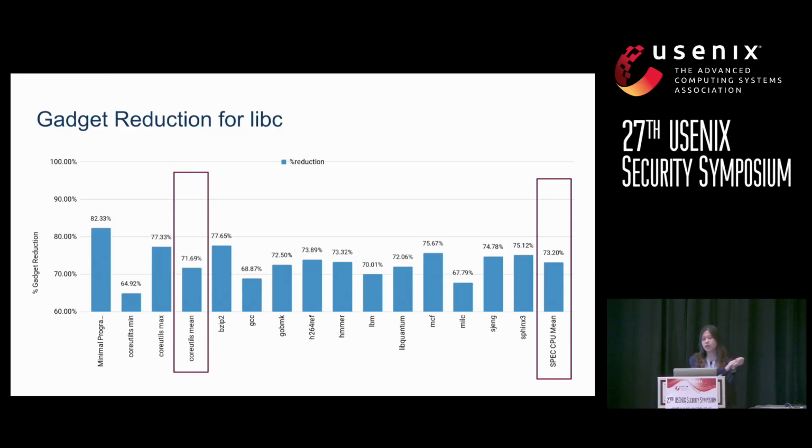For example, if we apply piecewise to Libc for a variety of programs, we observe that after debloating the binaries, we found fewer gadgets in the code module. On average, as you can see, we were able to remove 72% of gadgets from Libc for coreutils programs, and 73% of gadgets from SPEC CPU benchmarks.